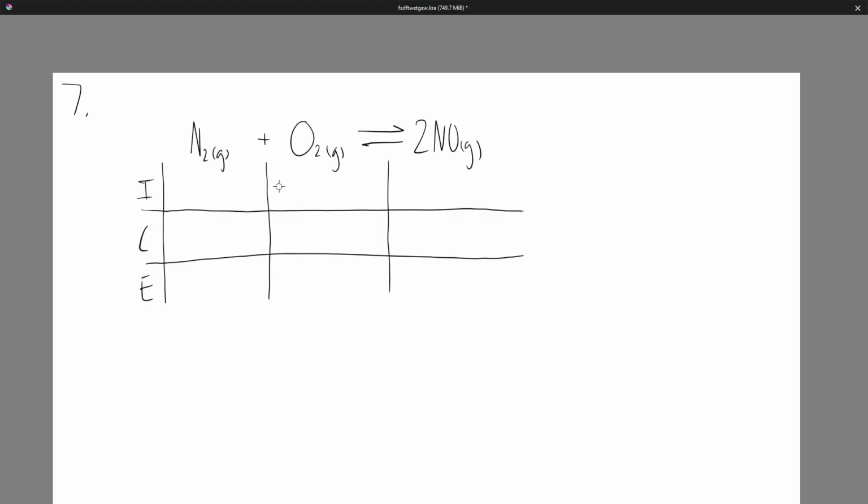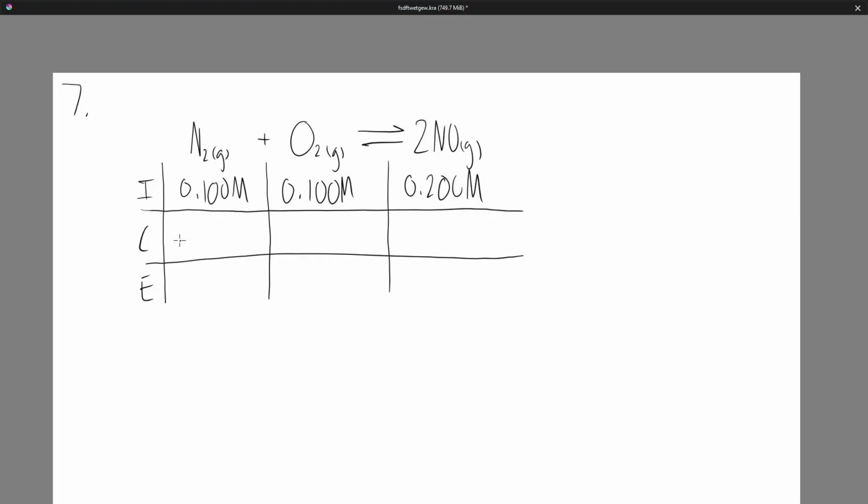So the initial concentration of N2 is 0.100 molar. Same for O2. And for nitrogen monoxide, it's 0.200 molar. So let's go ahead and define the variables.